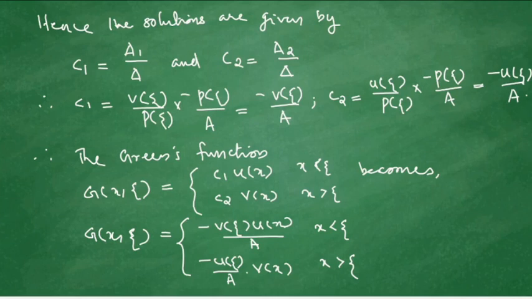Now we have already defined the Green's function as C1 into U of x when x is less than theta, and when x is greater than theta, the Green's function is C2 into V of x.